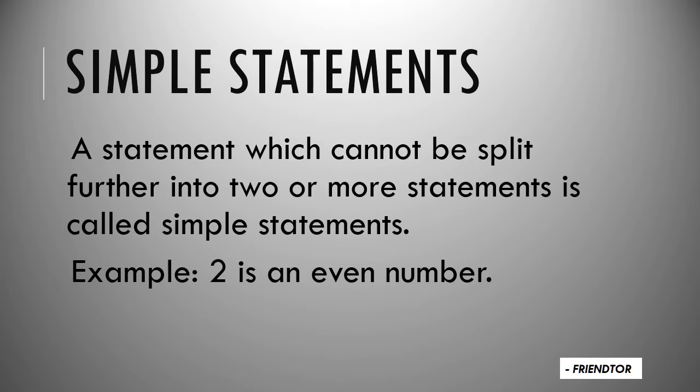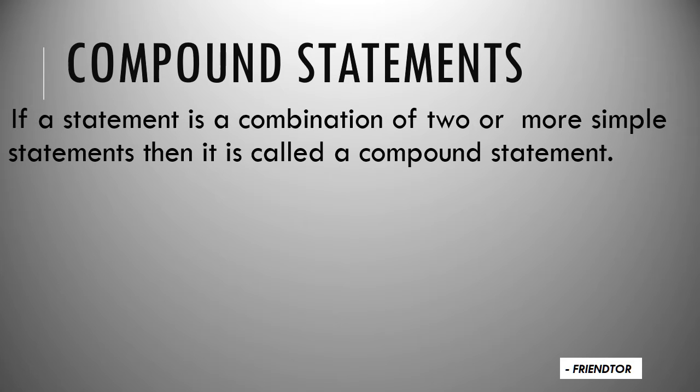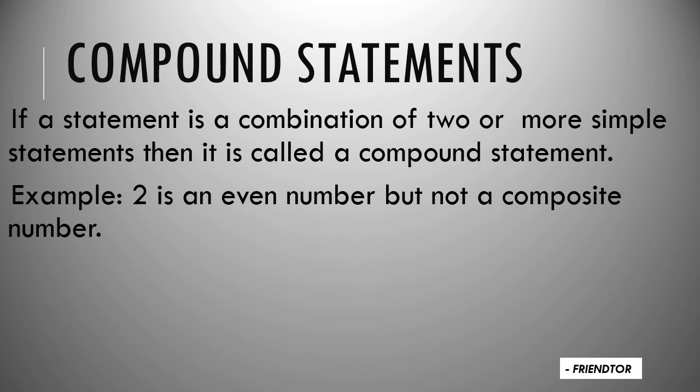So this is just a simple statement. Okay. Now let's see what is a compound statement. If a statement is a combination of two or more simple statements, then it is called a compound statement. Okay. So if you join two or more simple statements, then the resultant statement is a compound statement. Let's see an example. Example, 2 is an even number but not a composite number.